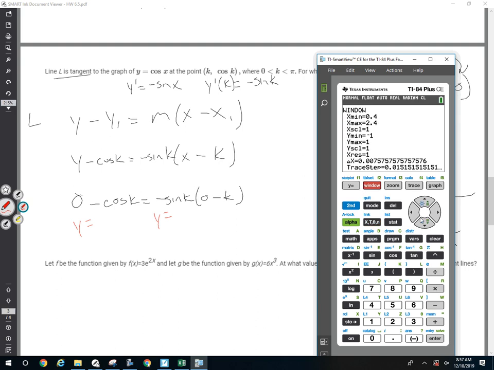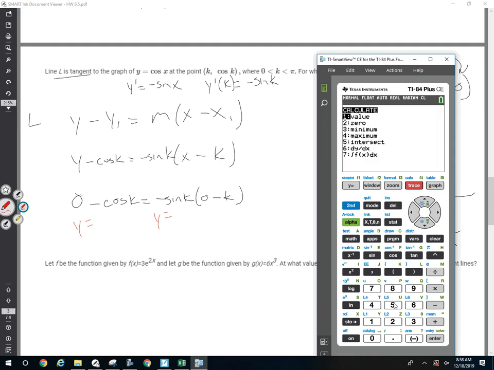I'm going to adjust my window to be between 0 and pi. I'm assuming I'm going to see a solution somewhere between pi over 2 and pi because of my picture. There it is. Let's go back to like -2 to 2. That should cover it so we can see it better. Boom.